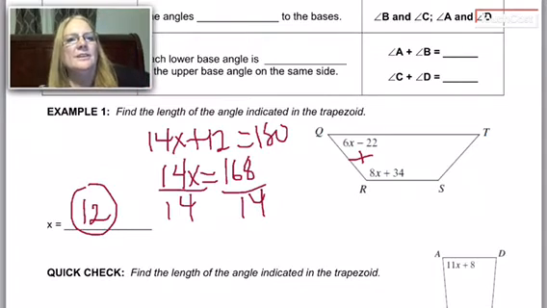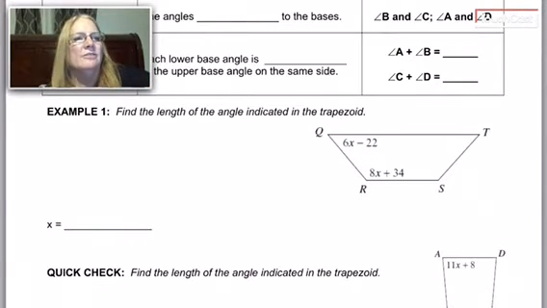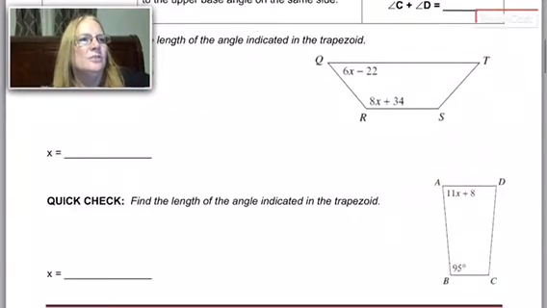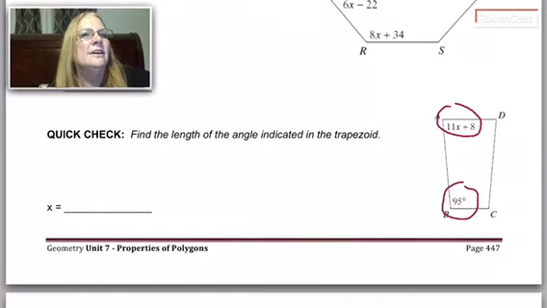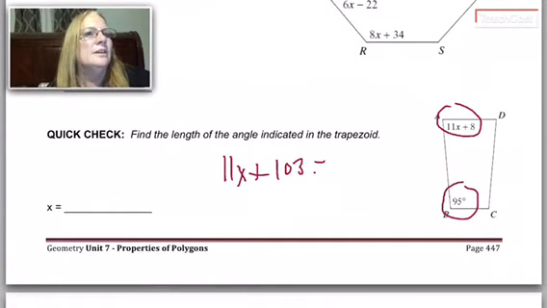Okay? So let's look at the quick check. In fact, you should pause and do the quick check yourself. Hopefully you did. Again, we have an upper base angle and a lower base angle. So we know when we add the two, we add this one and this one, we should get 180. So I end up with 11x plus 95 plus 8, which is 103, equals 180.